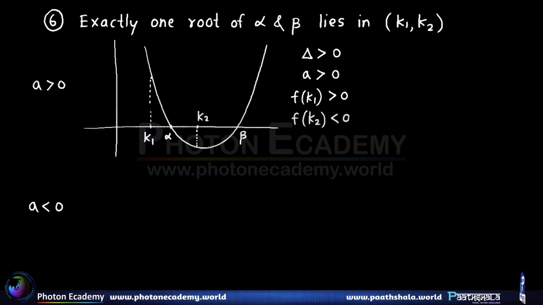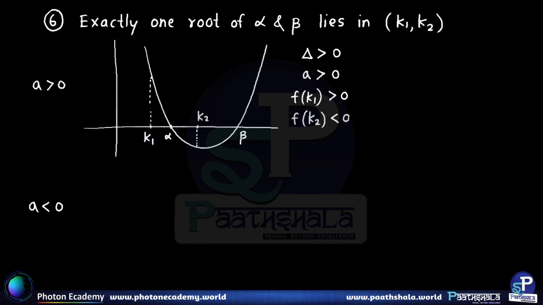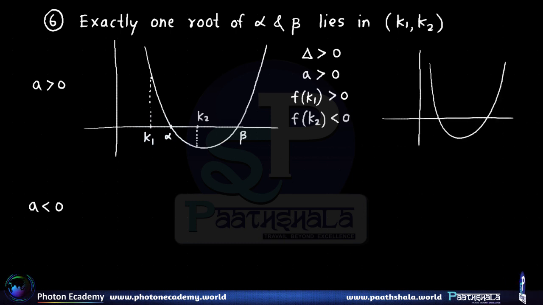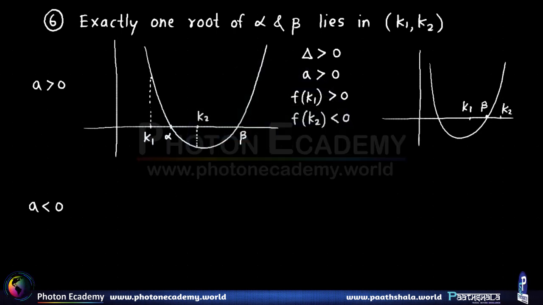Alright, now here it does not matter whether it is alpha or beta that is the root contained in k1 to k2, because even if we consider the other possibility, that is, say k1 is here, then beta is here and k2 is here, still in that case you will observe that f of k1 is negative and f of k2 is positive.